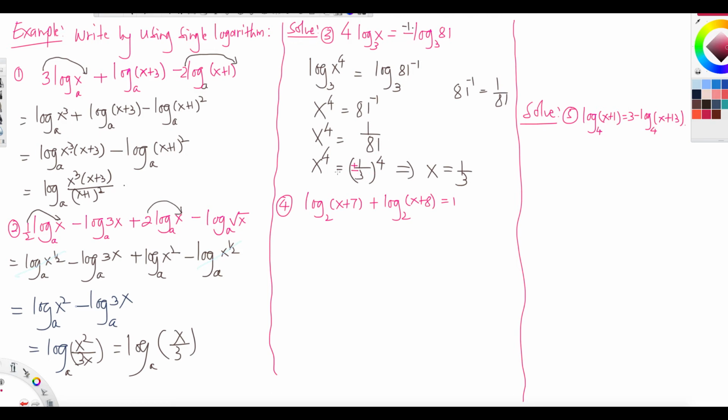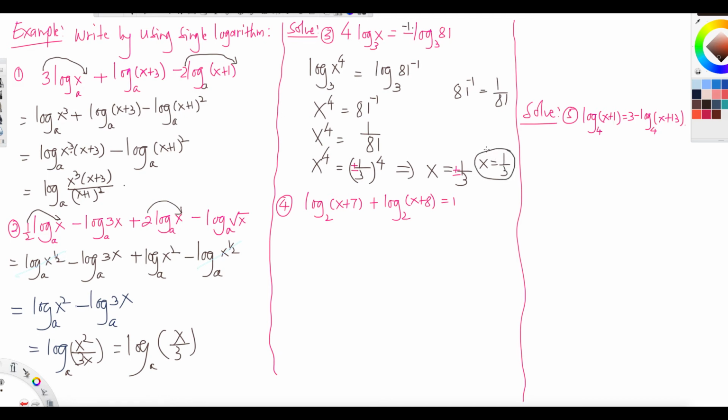But which one is the answer and which one is not? If you take x equals -1/3 and plug in here, it will give you log of a negative. Log is not defined for negative values. So we ignore the negative value. So the final answer is x equals 1/3. That is the final answer.